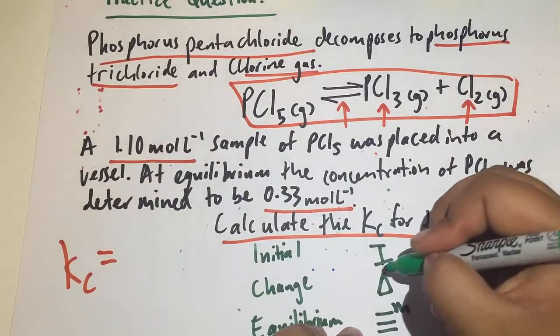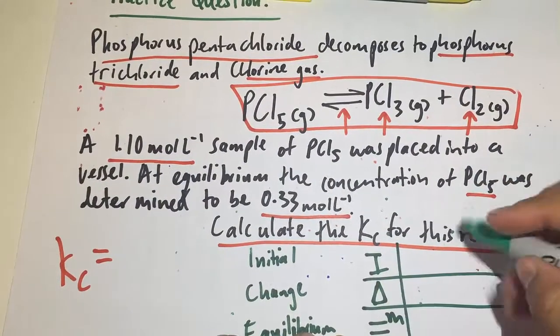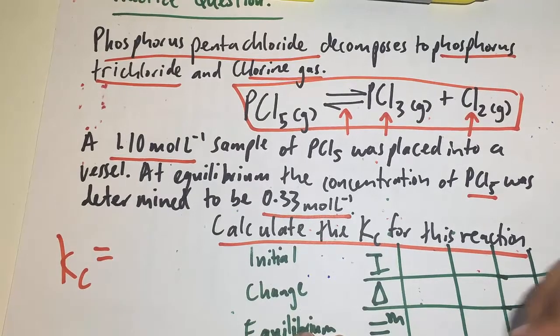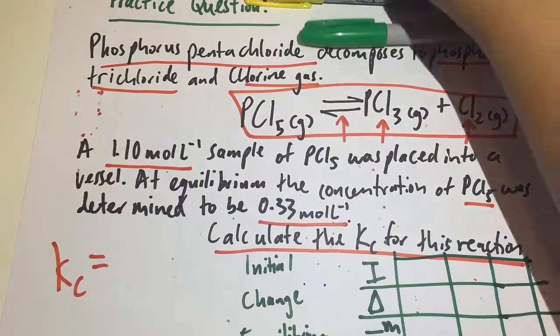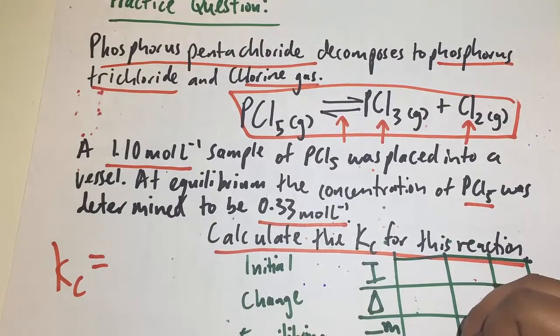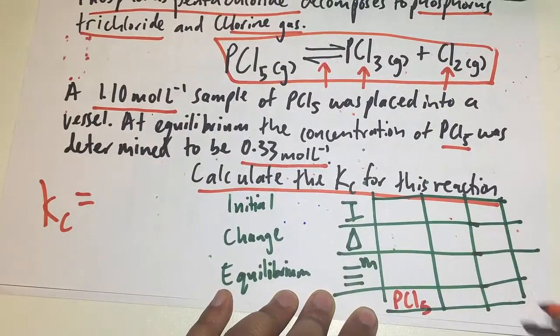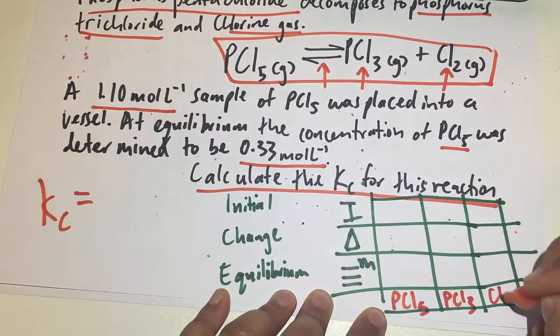The idea is we want to know for each of our reactants and products what their concentrations were initially and at equilibrium to work out our expression. Because I haven't left myself a lot of space, I'm going to put the different reactants and products down the bottom. So that's for the PCl5, PCl3, Cl2.